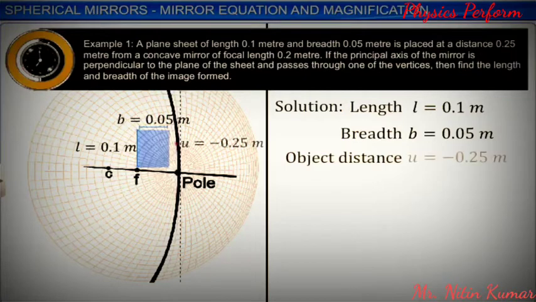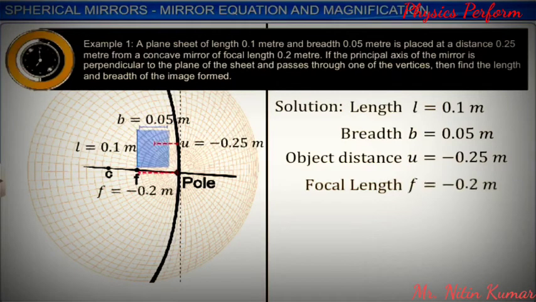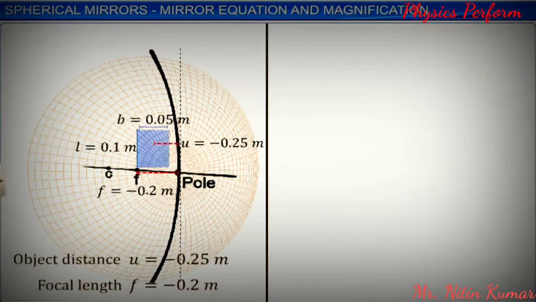According to the mirror formula, 1 by F is equal to 1 by V plus 1 by U. This can be written as 1 by V is equal to 1 by F minus 1 by U. Substituting the values for U and F and on simplification, we get V is equal to minus 1.